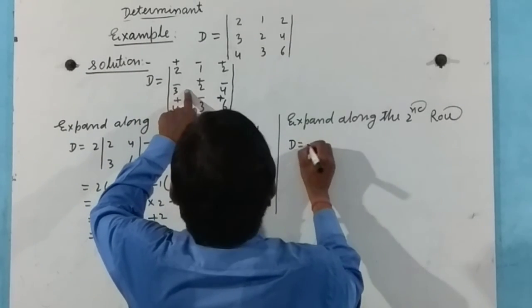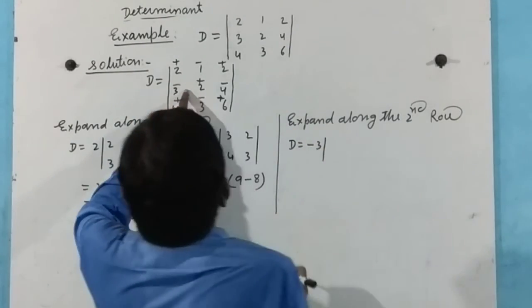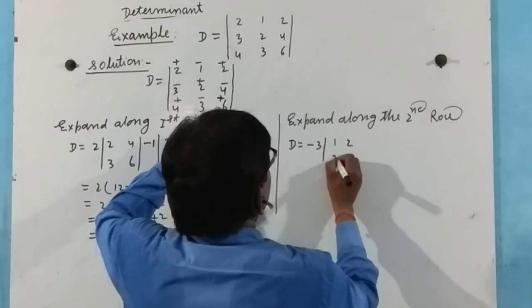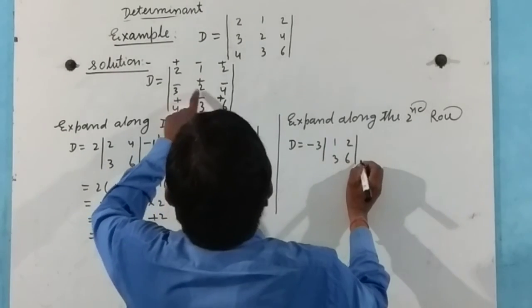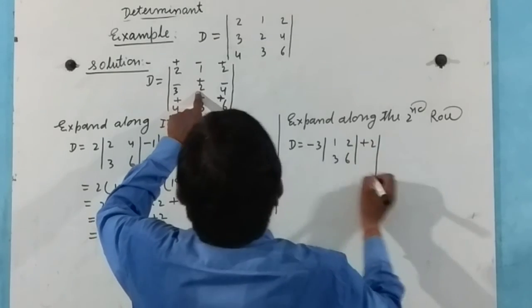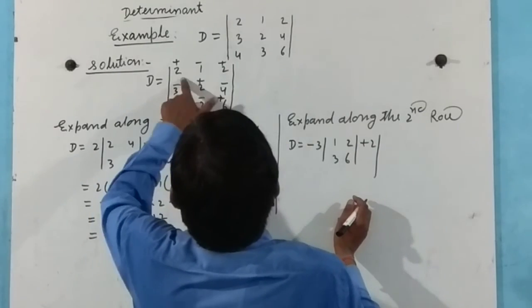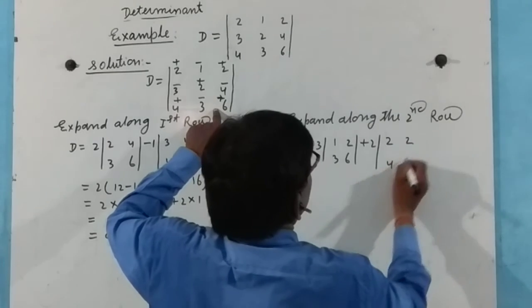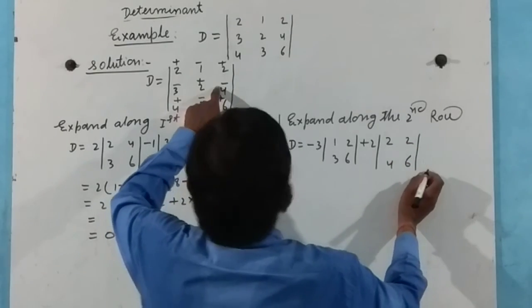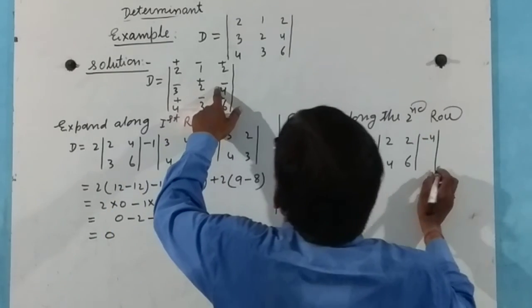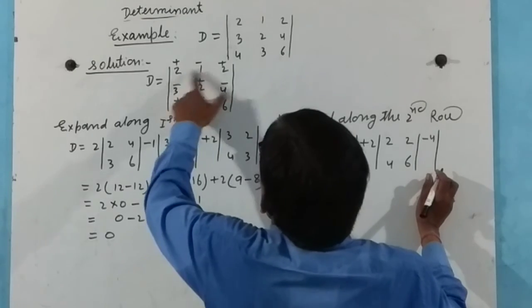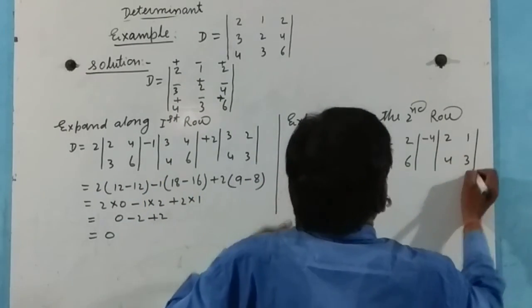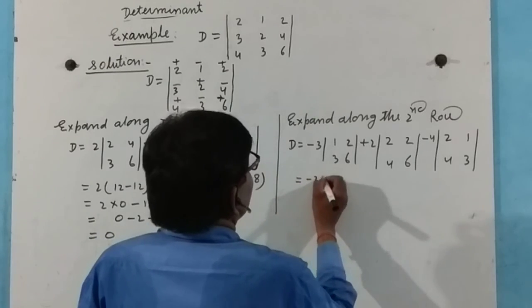D equal to minus 3, deleting this and this, 1 2 3 6, plus 2 here deleting this and this, 2 2 4 6, and this is a minus, deleting this and this, 2 1 4 3.